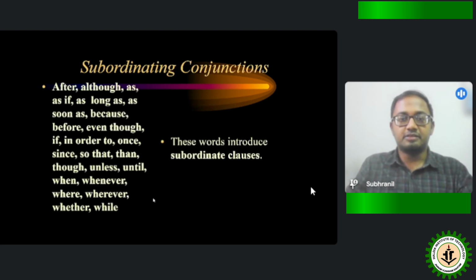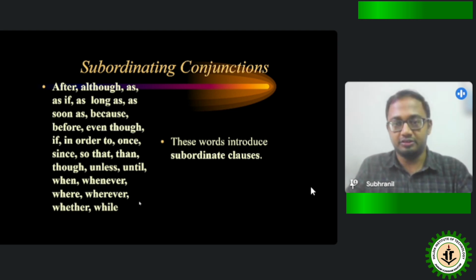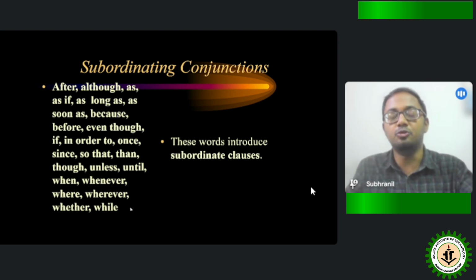These are some subordinating conjunctions, as these words introduce the subordinate clauses: after, although, as if, as long as, as soon as, like when you are in an emergency or in a hurry, you are telling that as soon as possible.